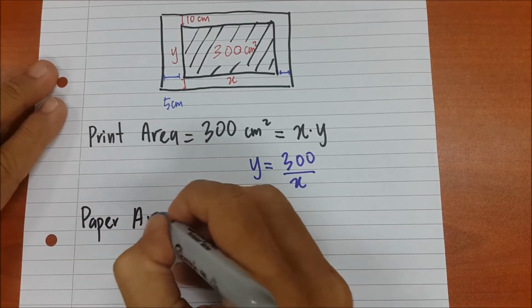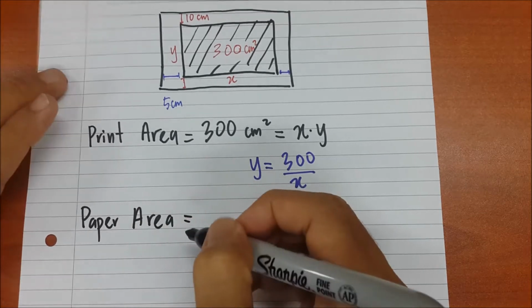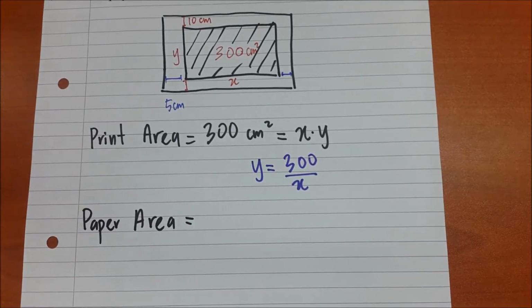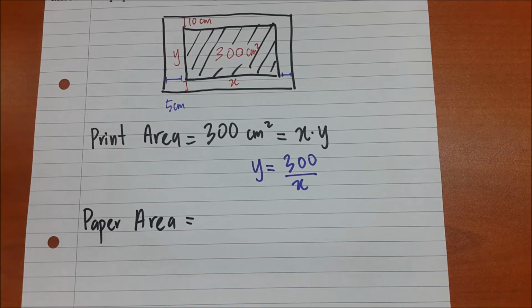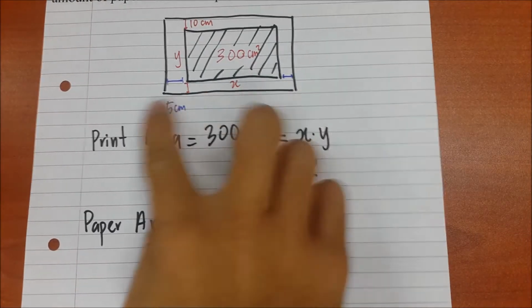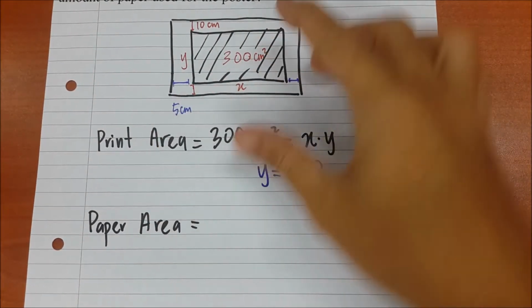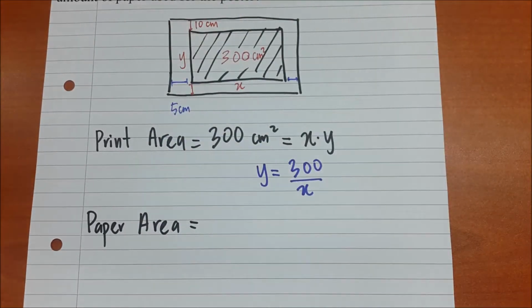Paper area. Right. So in order to find the area of the paper, we need the length of the paper and the height of the paper.